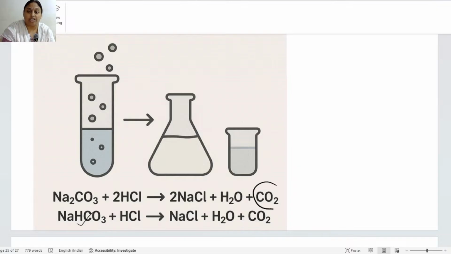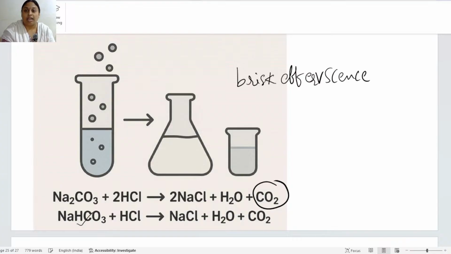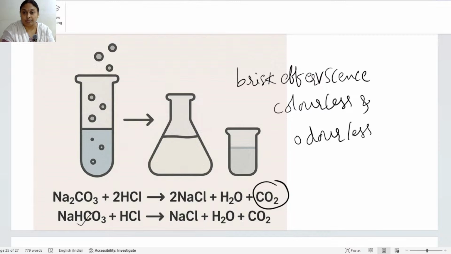So for this carbon dioxide, we used to see brisk effervescence, along with that a colorless and odorless gas.